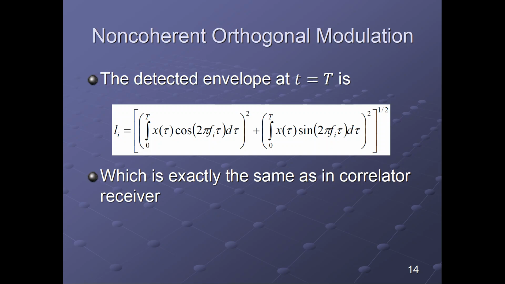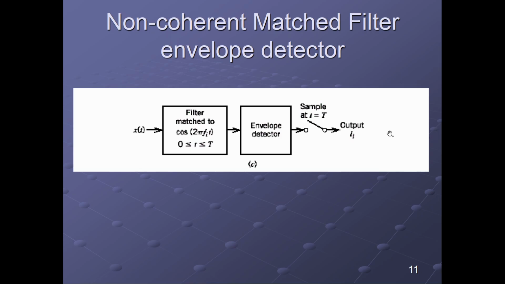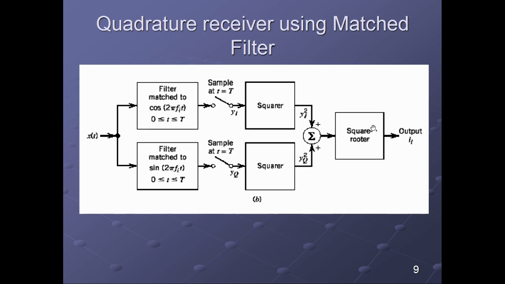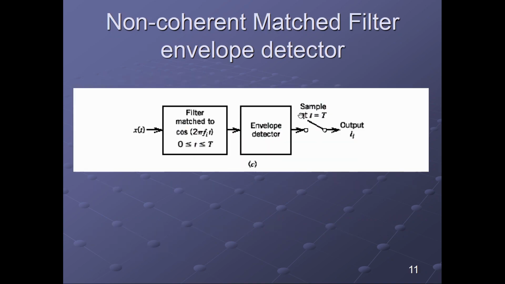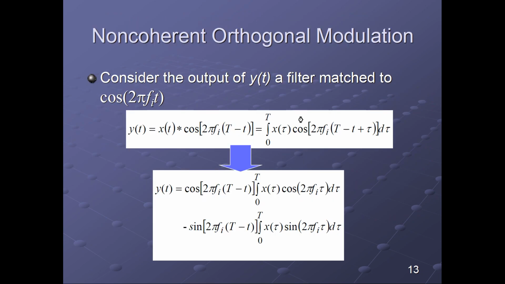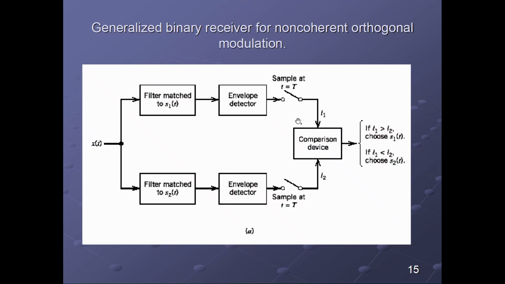From math, power 1 over 2 is equal to square root. That's why this is exactly similar to this equation. So both are equivalent, the one that comes from the envelope detector and the one that comes from the correlator or matched filter.